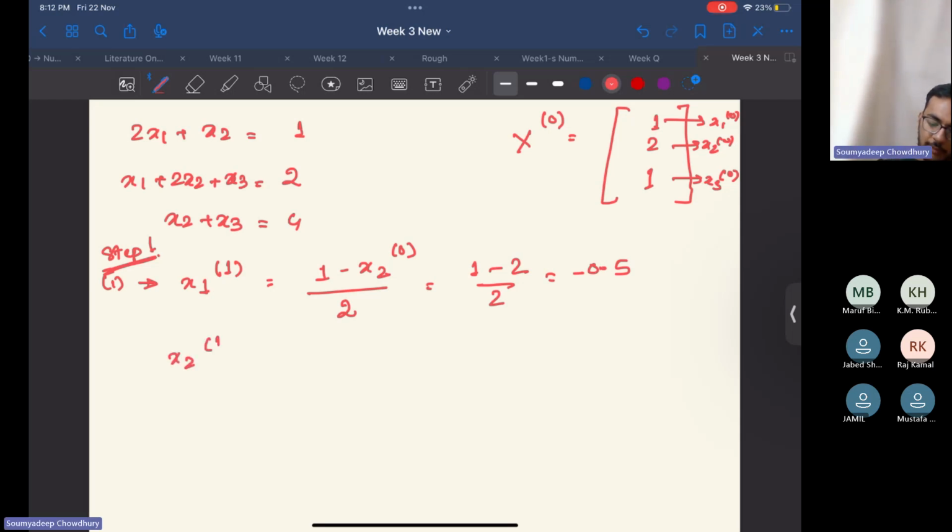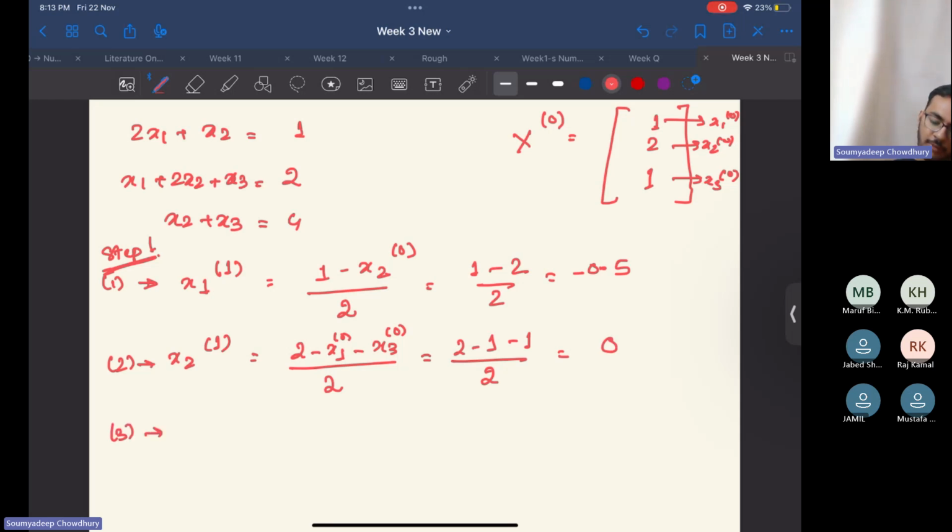Similarly, from the second equation, we will find x2. It is (2 minus x1 minus x3) by 2. These are all zeroth values. We are in the first step and we will be using the values of x1, x2 and x3 of the previous step. We will not update the values here. So it is (2 minus 1 minus 1) by 2 equals 0.